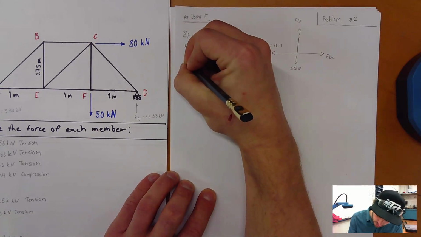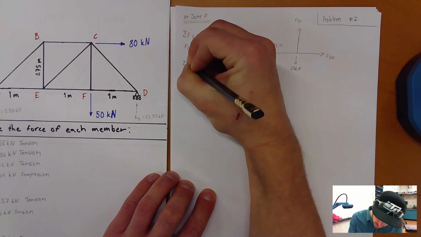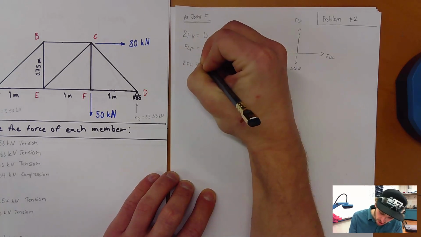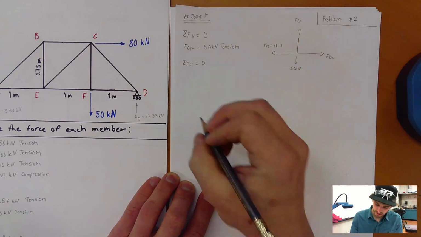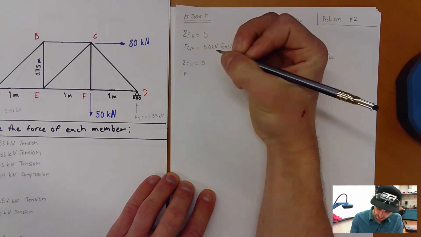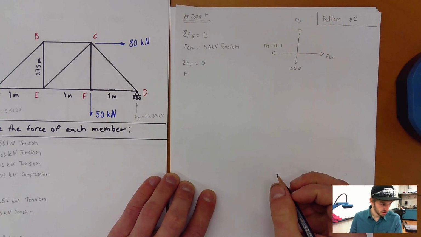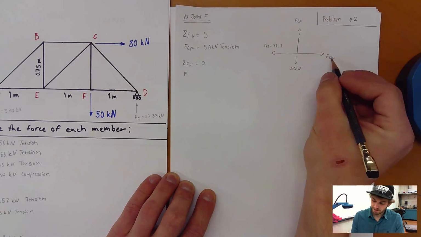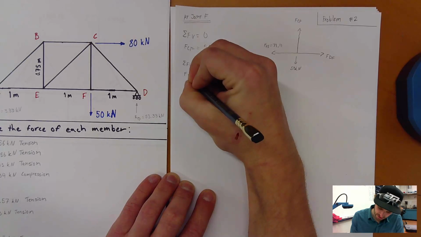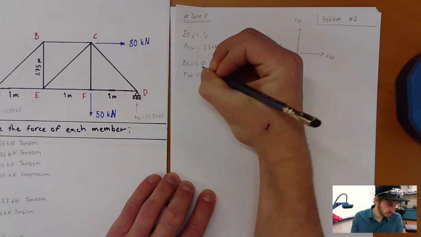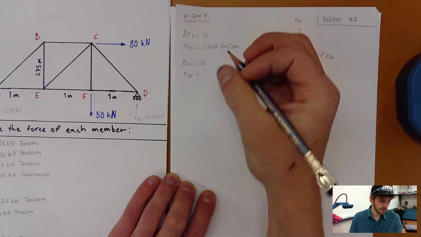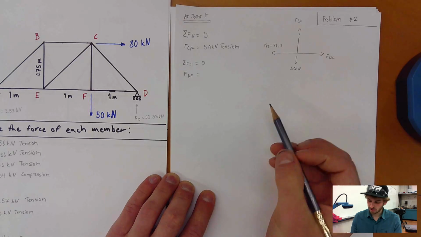So we'll do the sum of the forces in the horizontal direction equal to 0. The forces acting on DF, this guy right here, are equal to the forces working on FE.